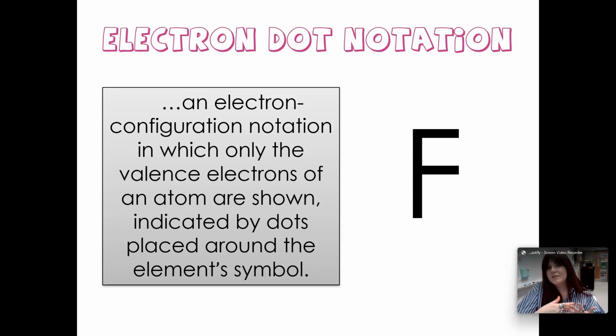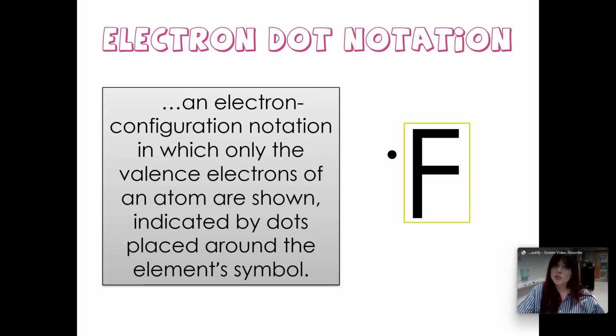We don't have to draw this part, but I always like to imagine that there's just a box around that because that's going to tell us kind of where to put the dots. And it doesn't matter where you start placing these dots, you just pick one side of the box. I happen to choose this side. So we have 7 dots that we're going to place around to represent our electron dot notation.